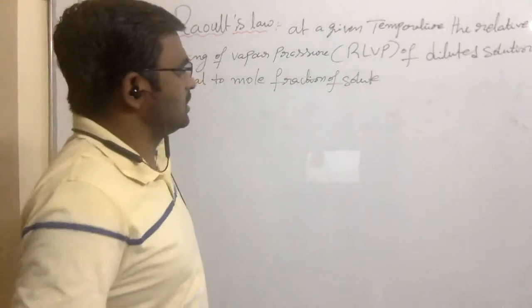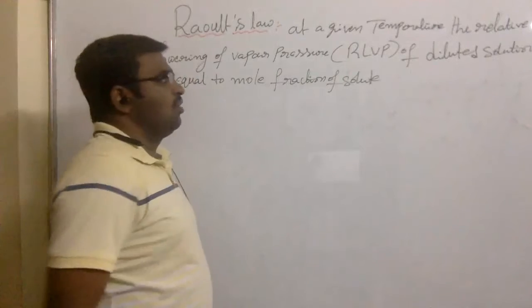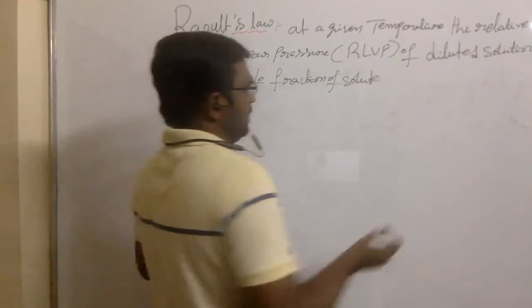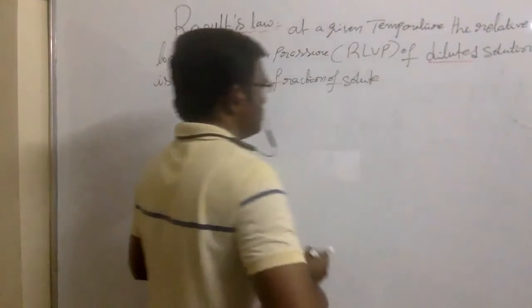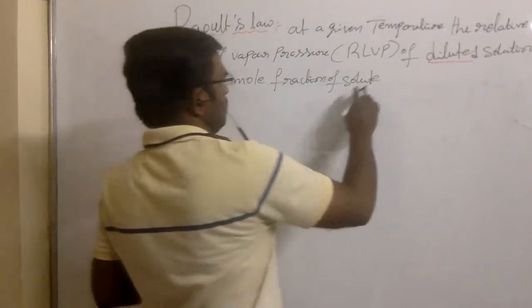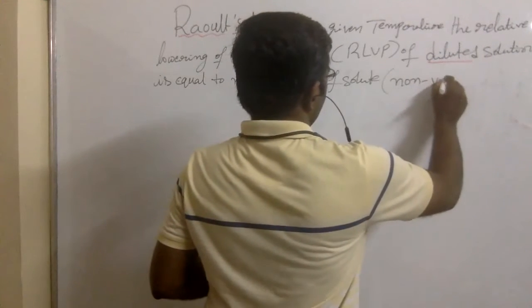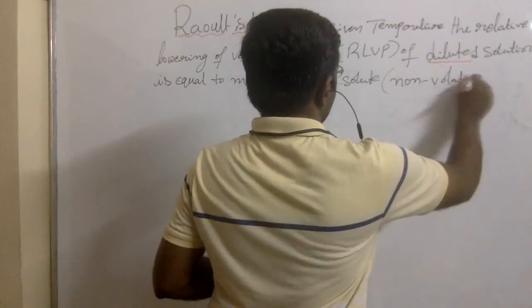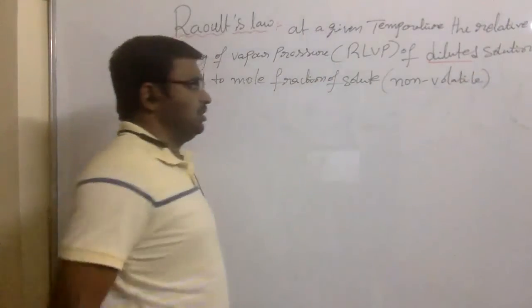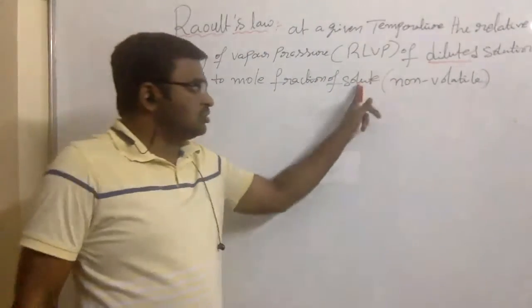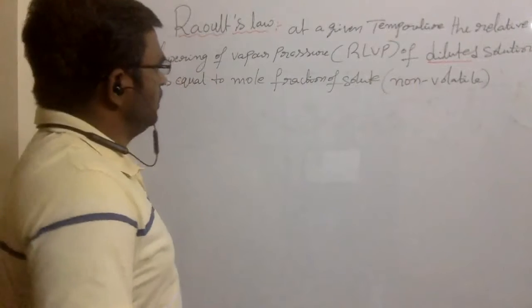There are two conditions, the limitations of Raoult's law. One is it is applicable for diluted solutions. The other point is the solute is always non-volatile. Always remember it. Solute is always a non-volatile solute.